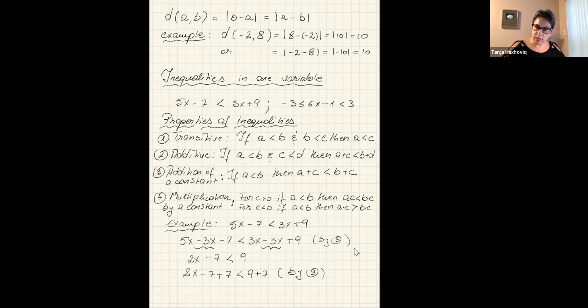So plus 7 minus 7 is 0, and you're left with 2x on the left-hand side. On the right-hand side, you are left with 9 plus 7, and that is 16.